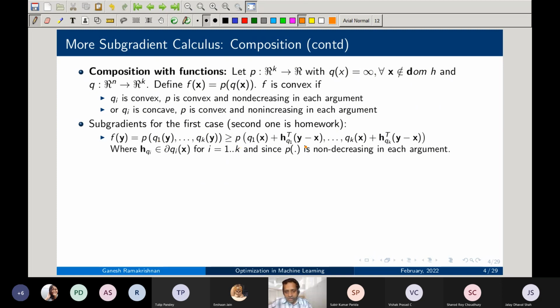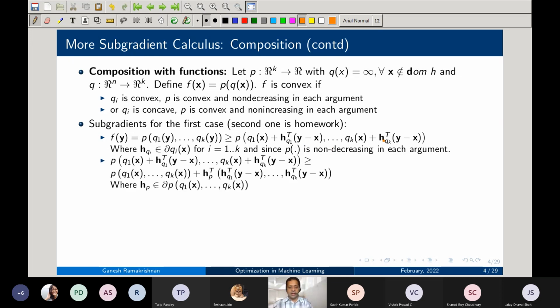Now you have this argument sitting inside, and when you expand that by monotonicity, because p is non-decreasing in each argument, the inequality will continue, and now you'll have this new composition as a subgradient. This is going to give you the composition subgradient.